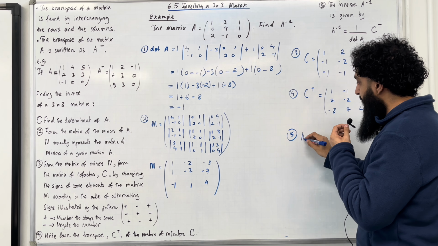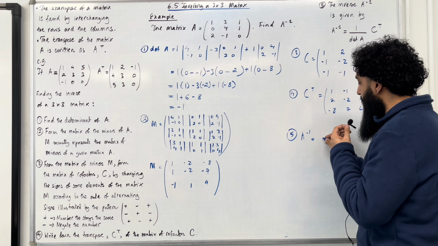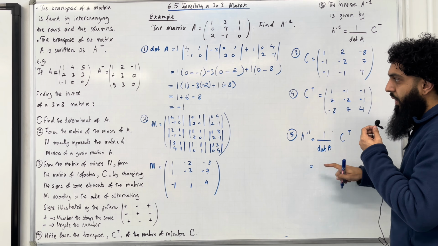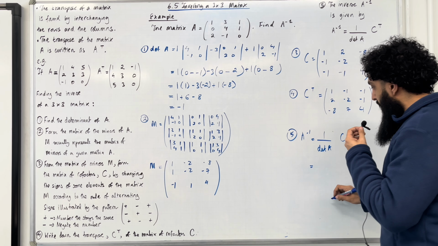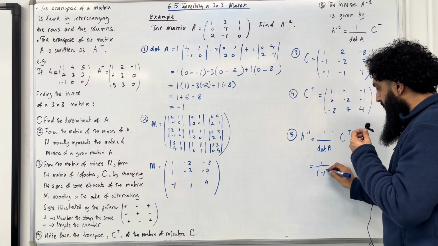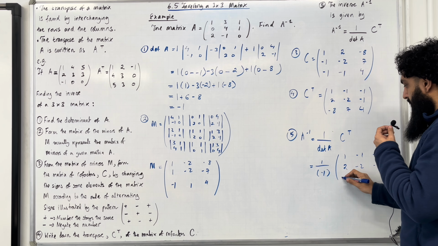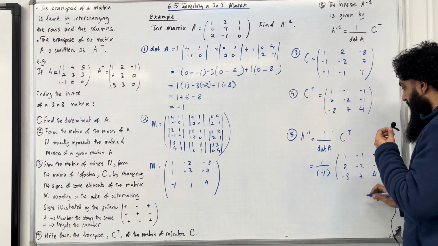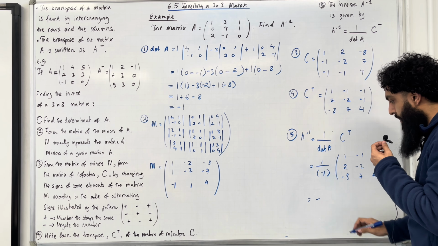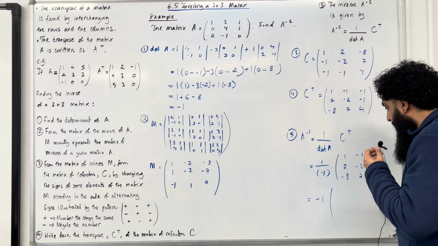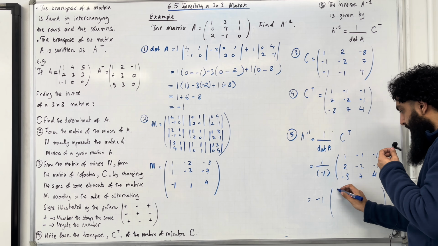To work out A inverse, I need to do 1 over det A multiplied by C transpose. So equal to 1 over minus 1 multiplied by C transpose, which is this matrix here. Okay, so I've got minus 1 multiplied by this matrix here.